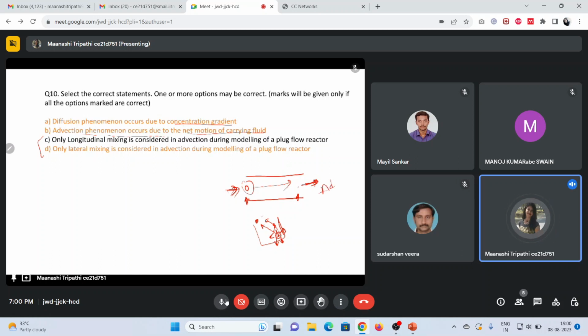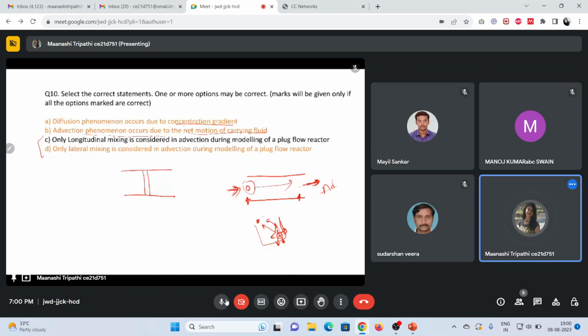Now option D is only lateral mixing is considered in advection during modeling of plug flow reactor. When we talk about a plug flow reactor, it means this river. I am explaining this, but it will be explained later very clearly. We always consider a strip to solve such questions.